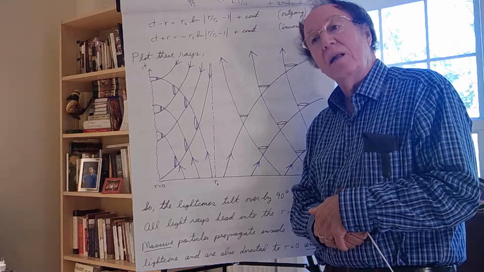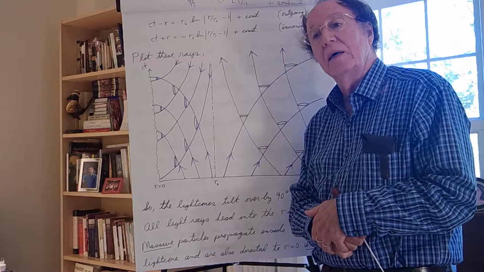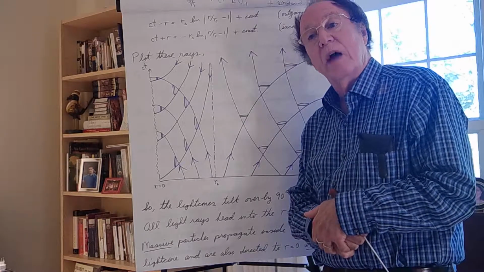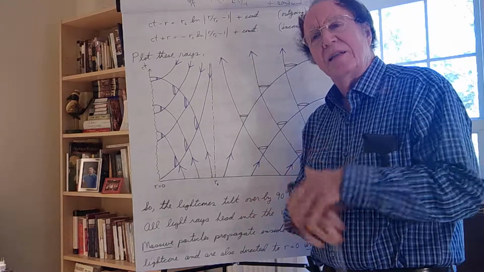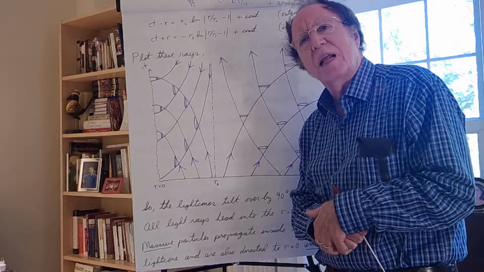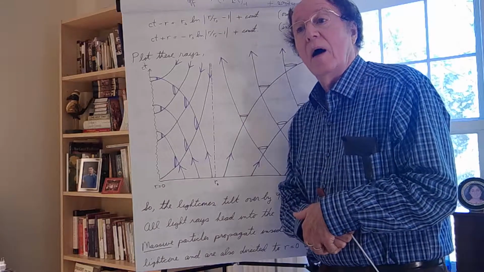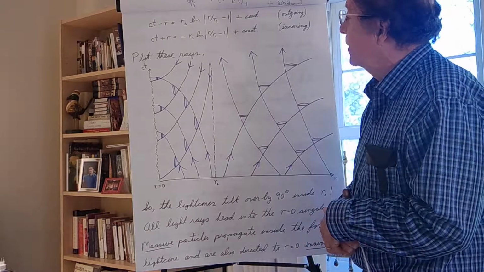I'm trying to follow the track of a particle in toward the black hole from the perspective of an observer very, very far away. That's not the way I like to do experiments. I like to do experiments with a local observer, and that's what I see, and I'm going to try to understand that.